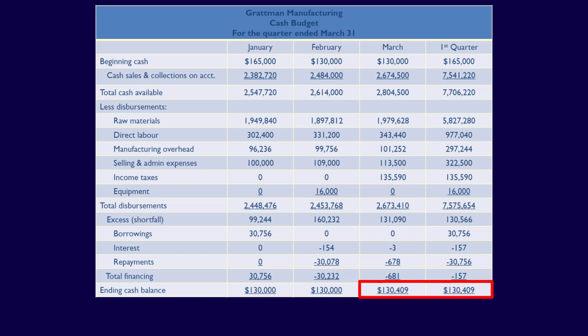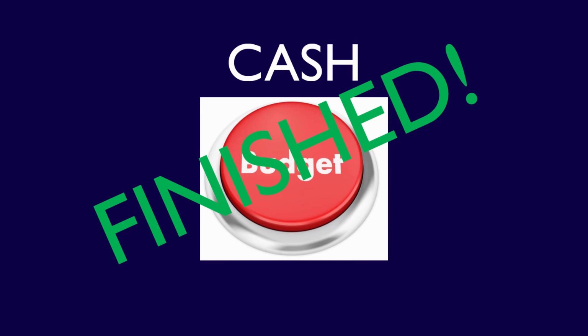That's because the first quarter ends on March 31st. These amounts should always be exactly the same, and if they're not, you know you've done something seriously wrong. This is the total cash budget for Gratman Manufacturing for the first quarter, month by month. We have finally finished the cash budget.